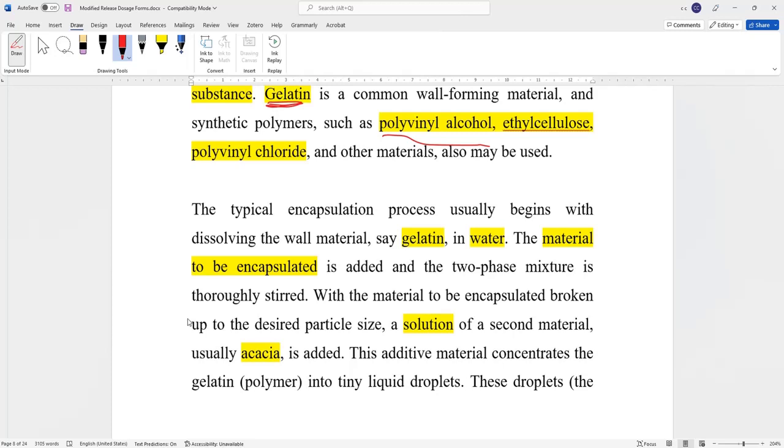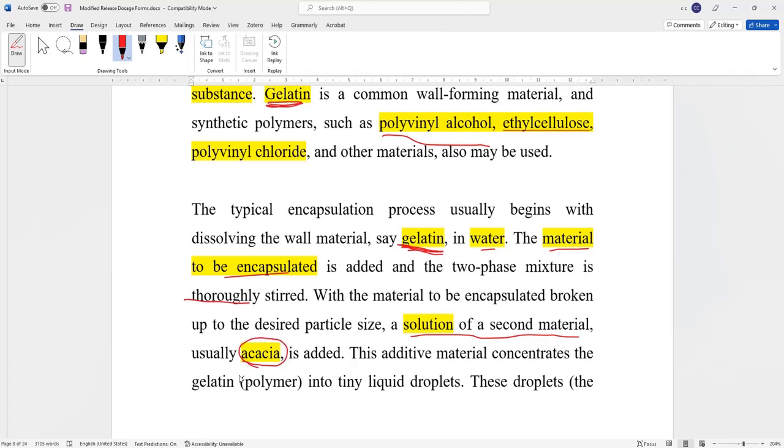What happens usually? First, you take, for example, gelatin, the one that will form the coat wall, and then you put it in water, and then you add to it the drug, and you stir thoroughly, strongly, so that the drug becomes very small in solution. After that you add another solution of another material called acacia.